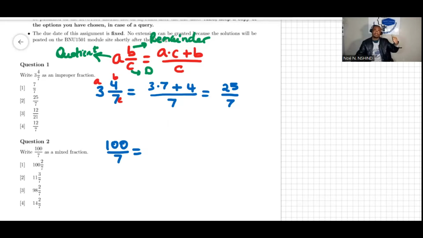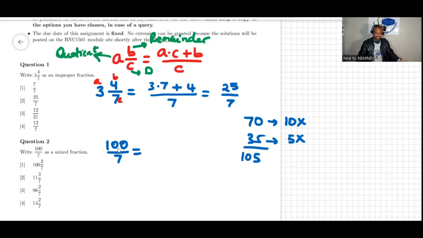If I add 70 and 35, it's 105, which is more than 100.